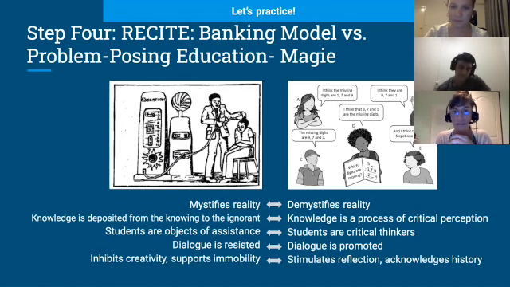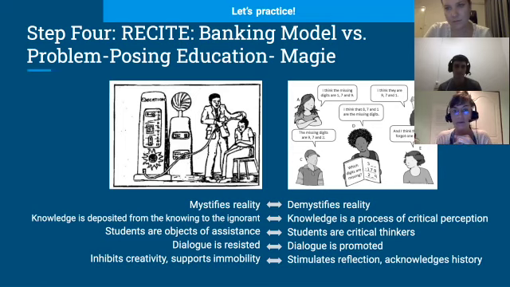In the banking model, dialogue is resisted, and in the problem posing model, dialogue is promoted. Finally, the banking model inhibits creativity and supports immobility, whereas the problem posing model stimulates reflection and acknowledges history.